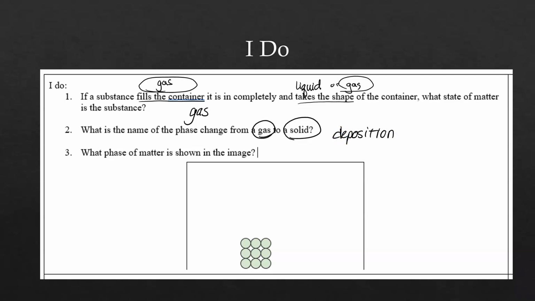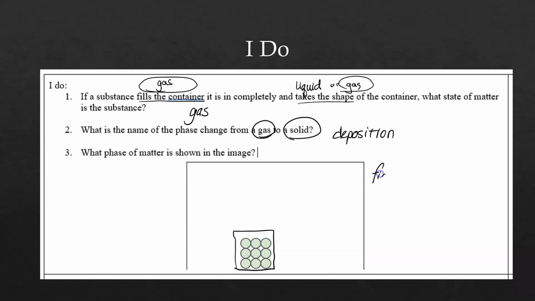Now, seeing our question 3, what phase of matter is shown in the image? So looking at it, we see it's got a fixed volume. It fits all in here. It doesn't fill the container. It's in that one spot, and it also has a fixed shape.